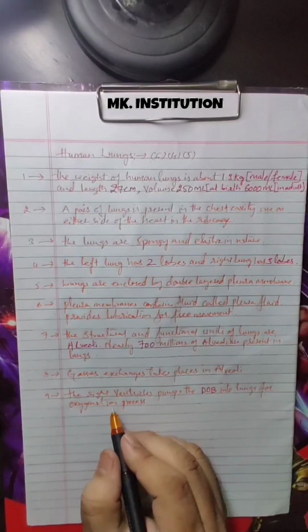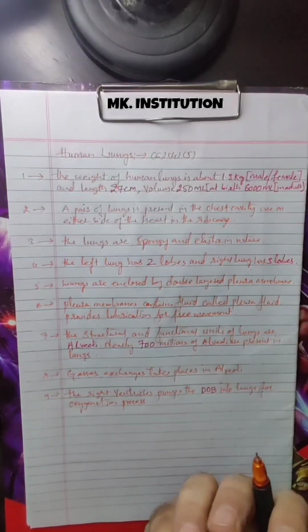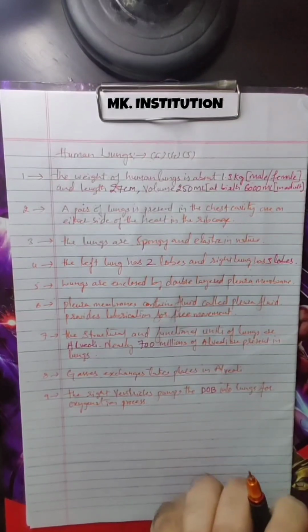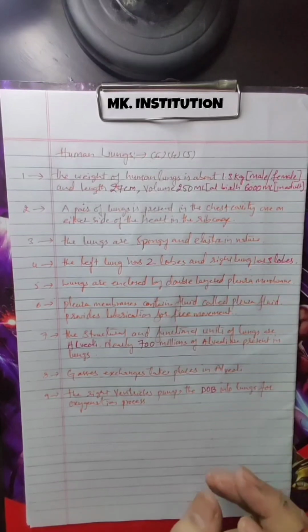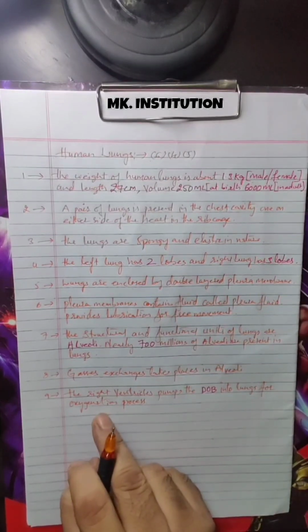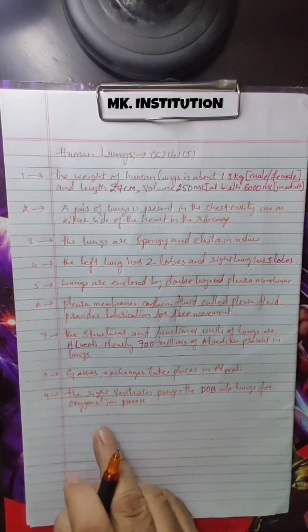So this right ventricle in the heart pumps the blood into the lungs. And in the lungs, what happens? The oxygenation process takes place. Clear?